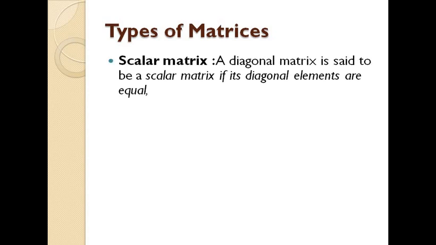Then a scalar matrix, again the scalar matrix definition is based on the diagonal matrix. A diagonal matrix is said to be a scalar matrix if its diagonal elements are equal. That means all the elements except the diagonals are zero, and if all the elements in the diagonal are equal, it is said to be a scalar matrix.